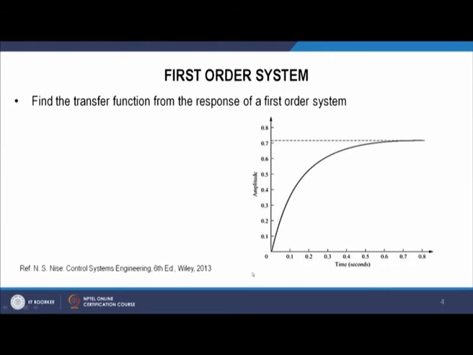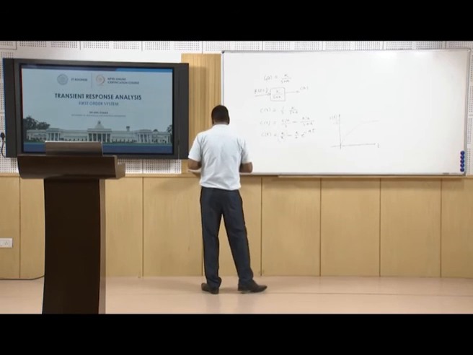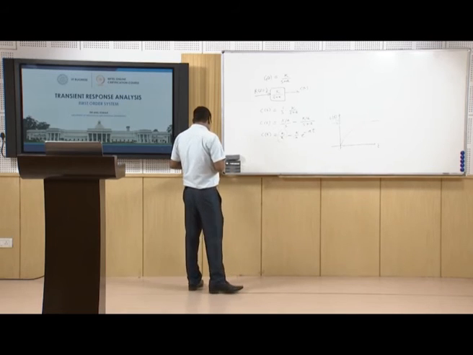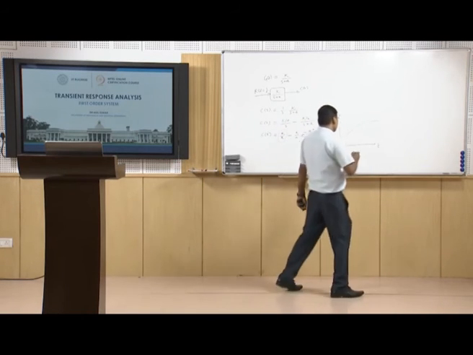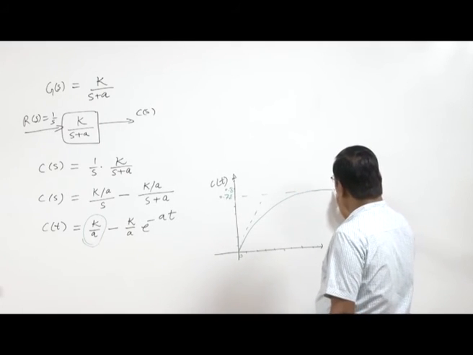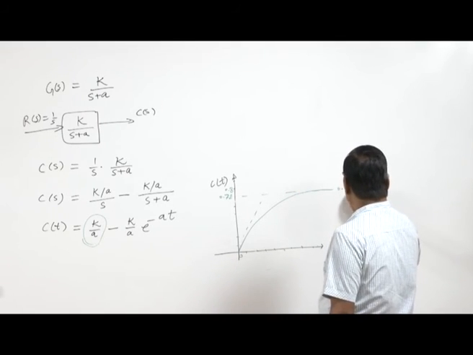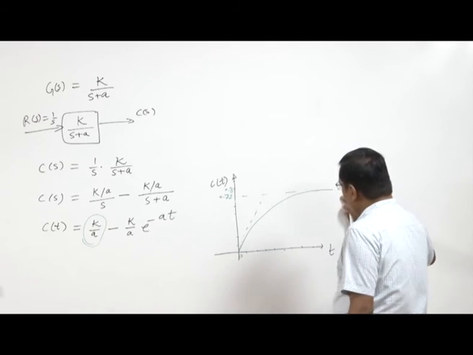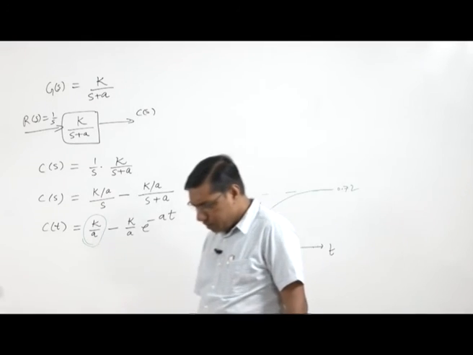So from this we have to measure. So 0.72 is the steady state value or final value. So 0.72 is the final value, and time constant we want to find.